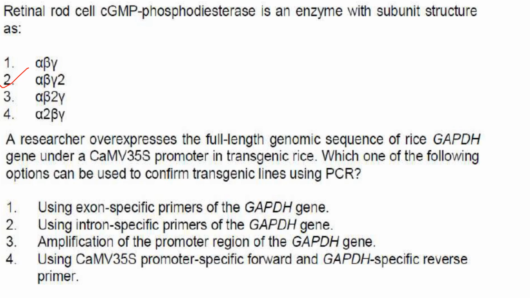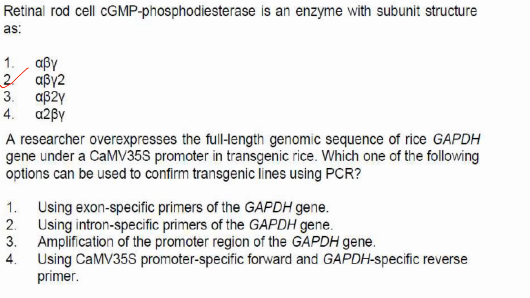So he has created a construct where GAPDH is under the influence of the CaMV35S promoter and he has transformed the rice with that. Now he wants to check whether he got a transgenic rice. That means whether the rice which he got after transformation has the GAPDH sequence as well as the CaMV35S promoter sequence.